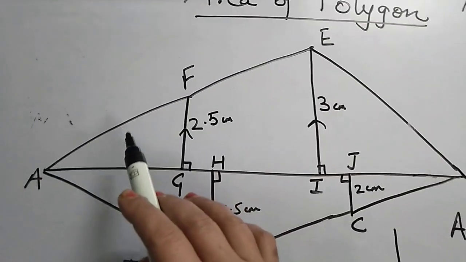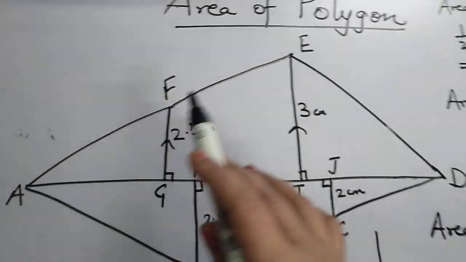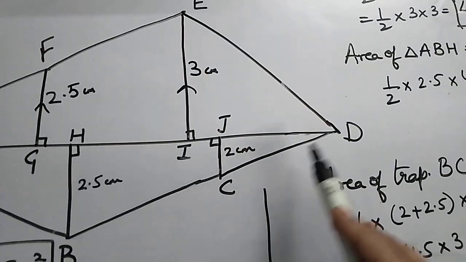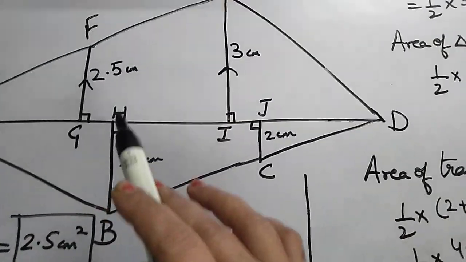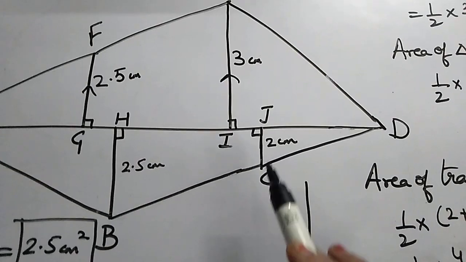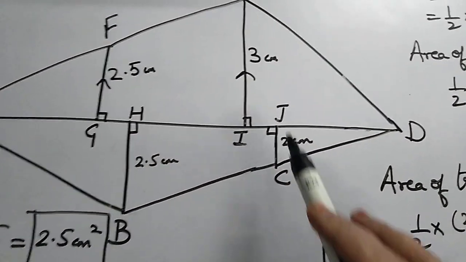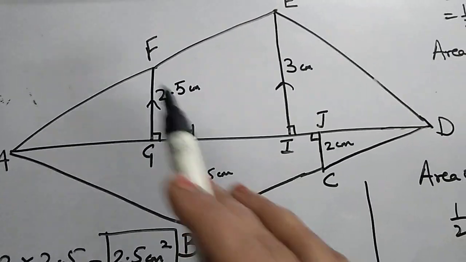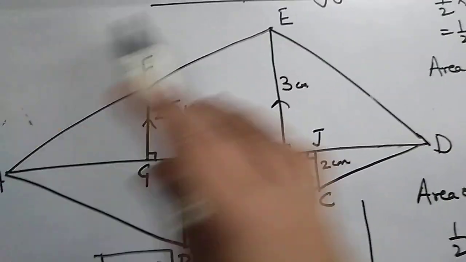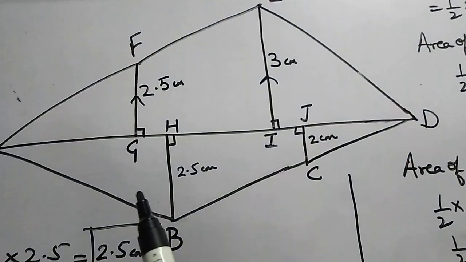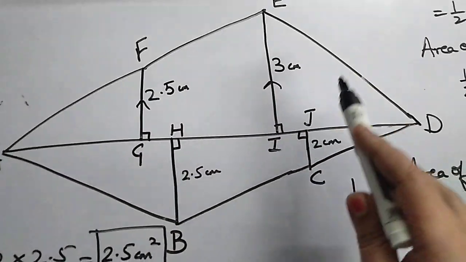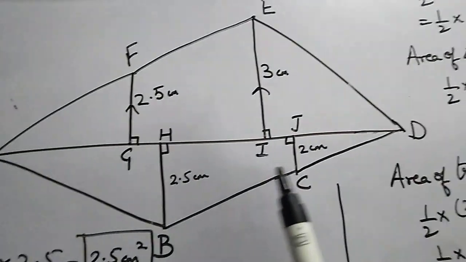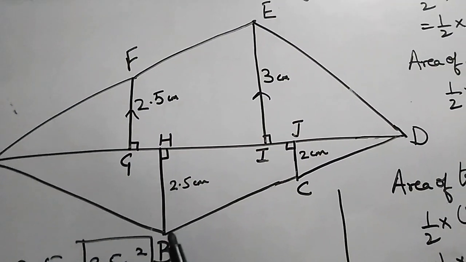If we find the areas of this triangle, then this trapezium, then this triangle, then JCD, another triangle, HBCJ, a trapezium, and another triangle which is ABH, that means this polygon is divided into 6 figures, and if we find the area of each figure, we can find the area of the polygon.